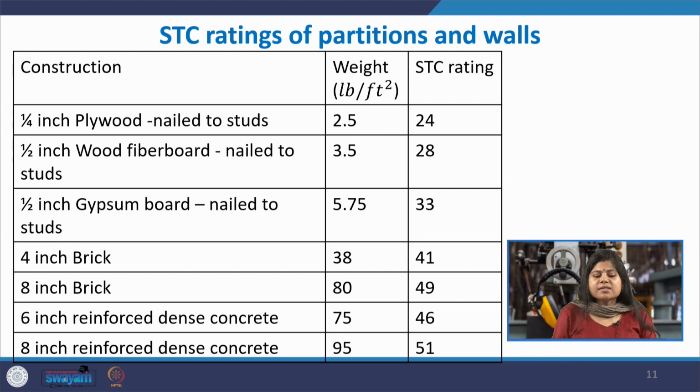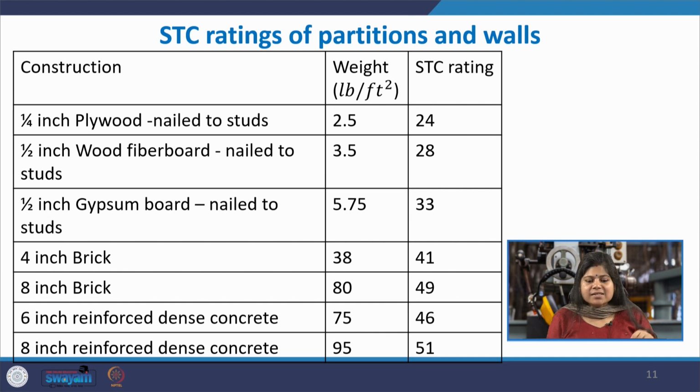So, some of the STC ratings, not recommended, but the measured STC ratings of different partitions and walls. Now, just remember that when you are using a particular material, the transmission loss achieved depends on a lot of properties. It depends on what material you are using, and at the same time the dimensions of the wall, the thickness, length and breadth of the wall, and how the wall is mounted, what are the end conditions or support conditions of that wall.